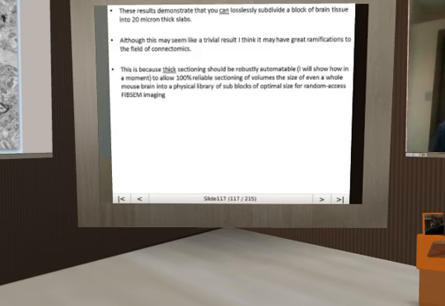I got a question here about what exactly limits the focused ion beam SEM technique to a 20 micron or so volume.